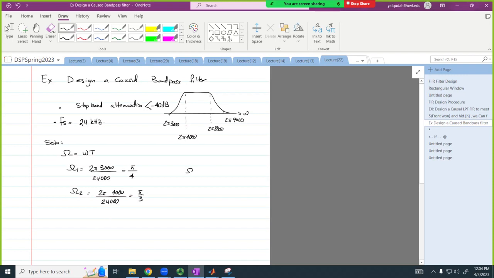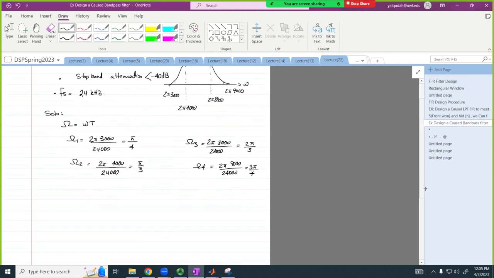Omega 3 is 2 pi multiplied by 8,000 divided by 24,000, which is 2 pi over 3. Omega 4 is 2 pi 9,000 over 24,000, which is 3 pi over 4.